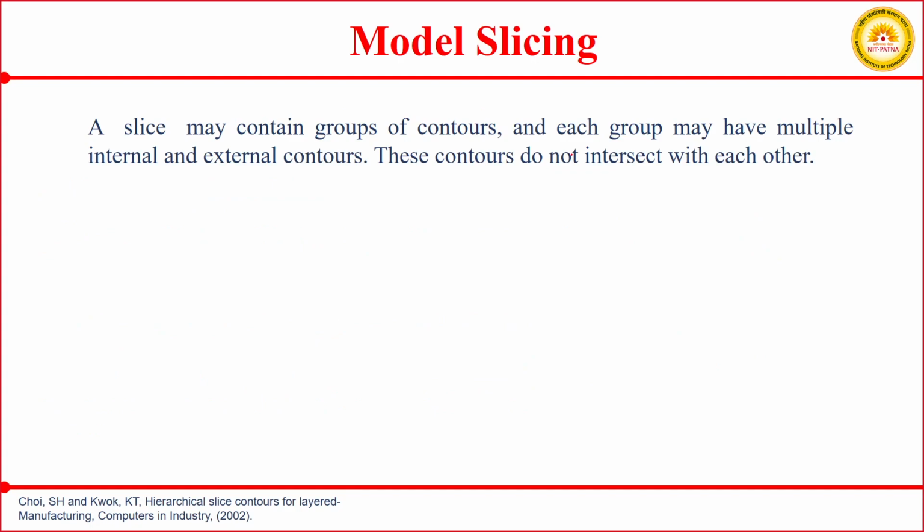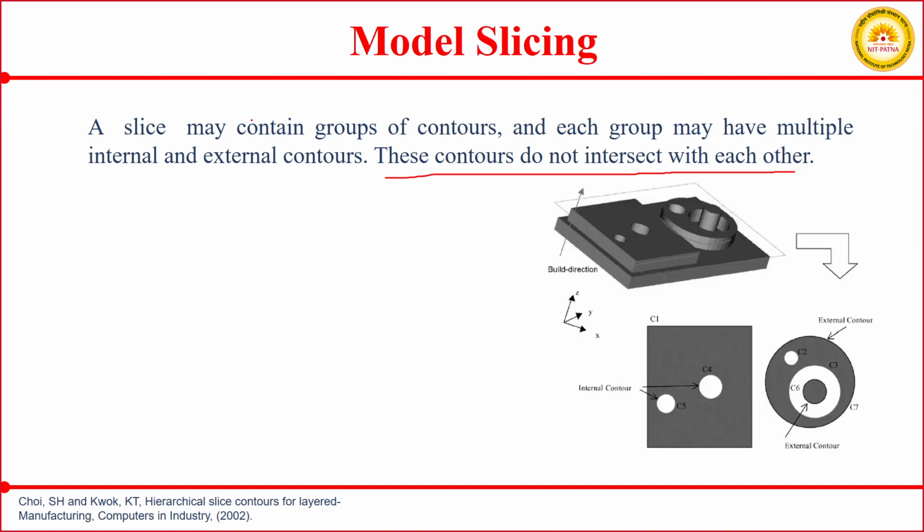So how do we group these contours, and how do we decide which one is the internal contour and which one is the external contour? We also need to construct these contours in such a way that they do not intersect each other. If these contours intersect each other, it means they are not constructed properly.